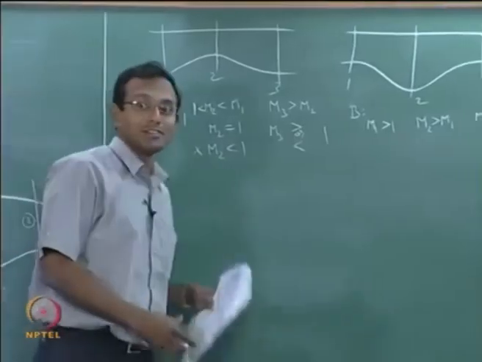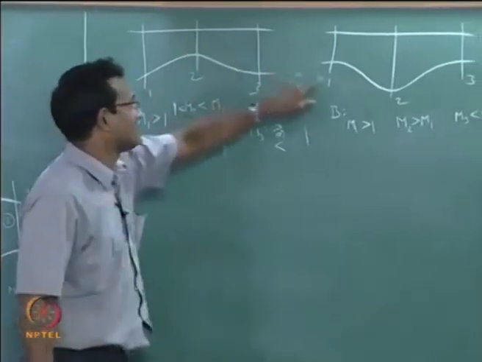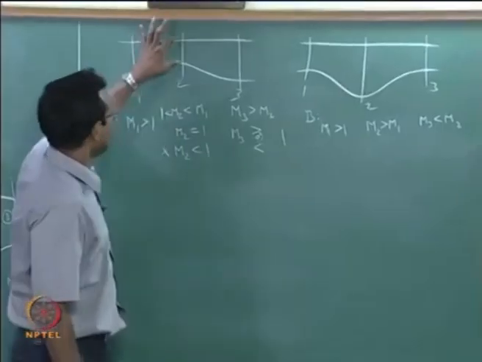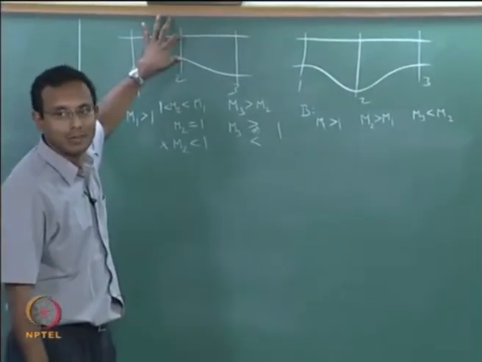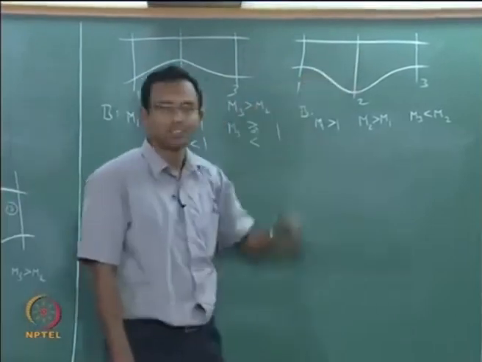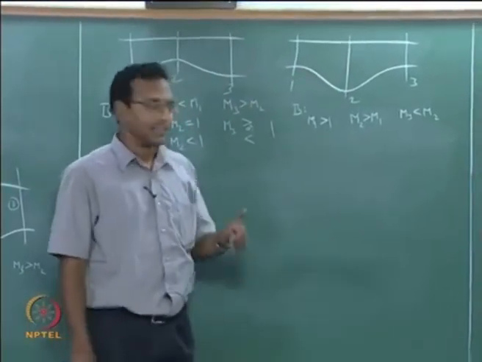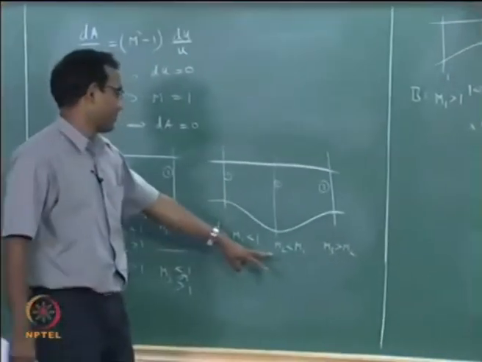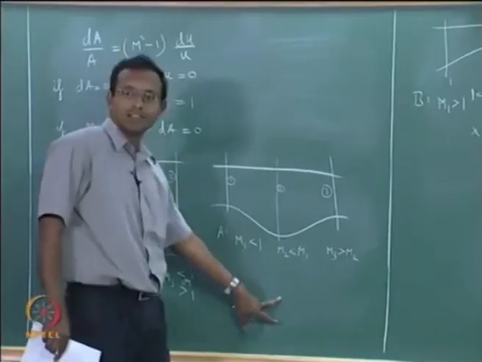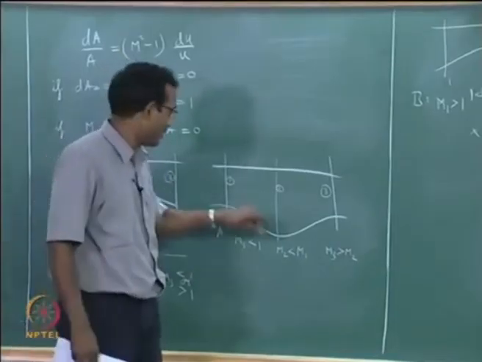The nice thing about this particular example is I am going to say here also dA is going to be equal to 0, here also dA is going to be equal to 0. In this case, whichever be the condition I pick, I am never going to get M equal to 1 in these, okay, in this kind of a duct.